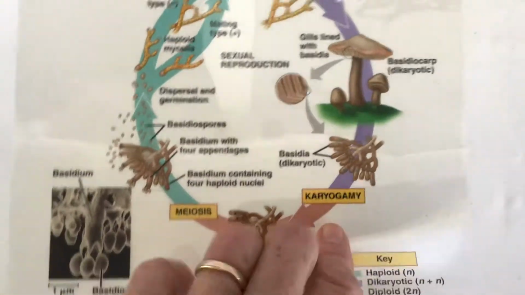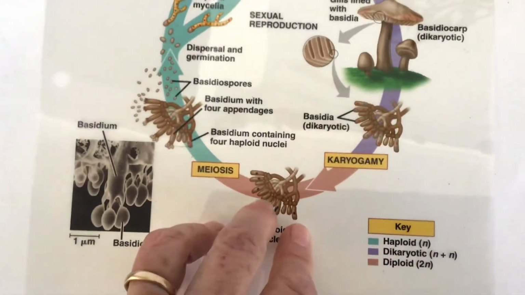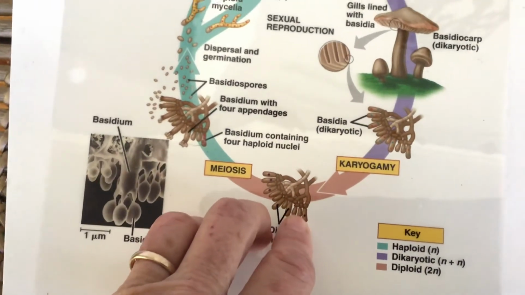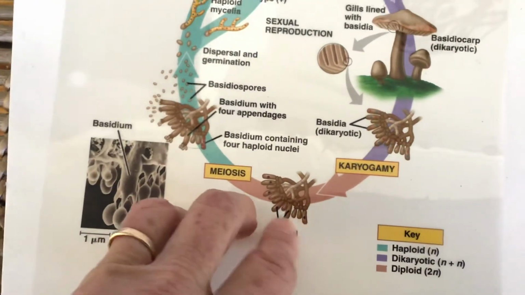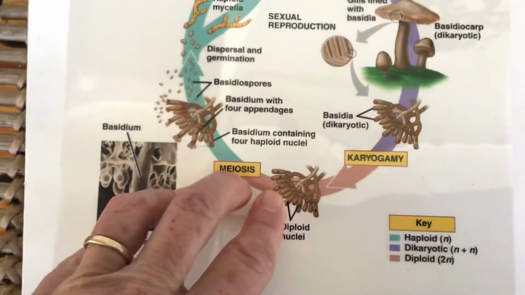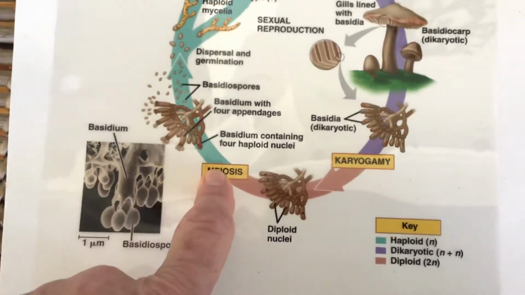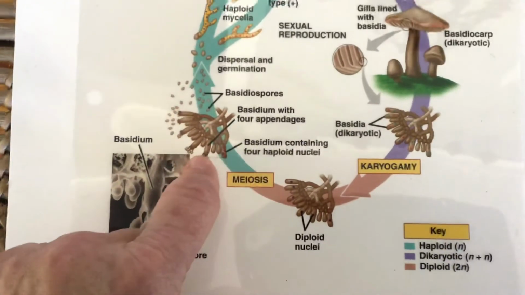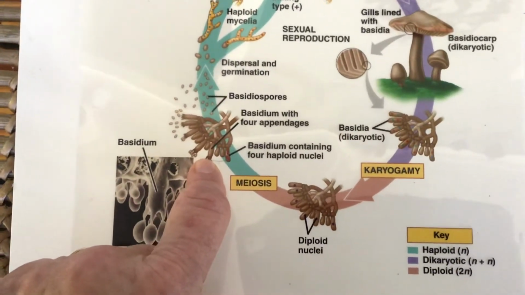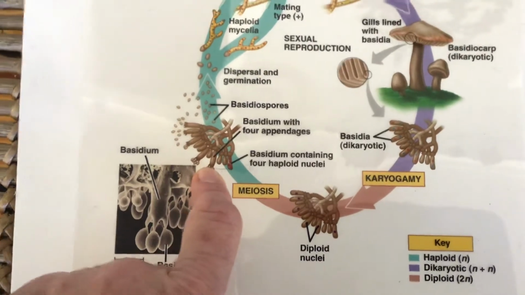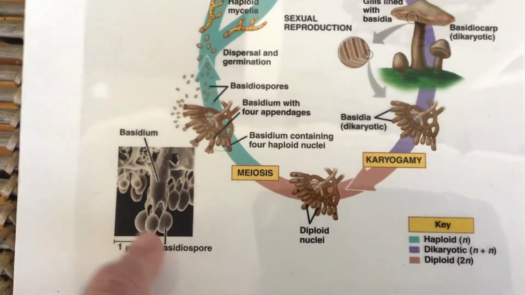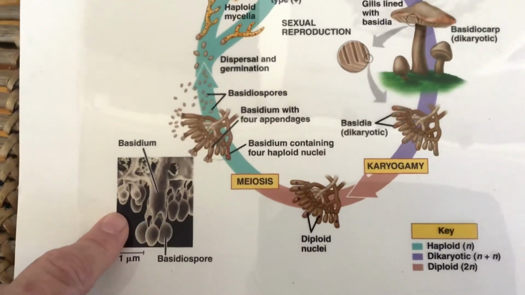Then at the end of each of these basidia you'll get karyogamy, meaning the nuclei will fuse and become diploid. And then they will do meiosis, and each basidium will form 4 haploid nuclei, so 4 spores basically, which are basidiospores.